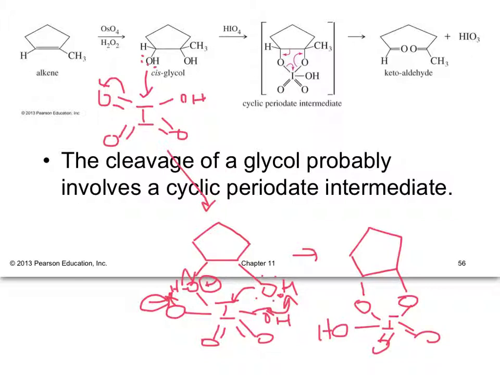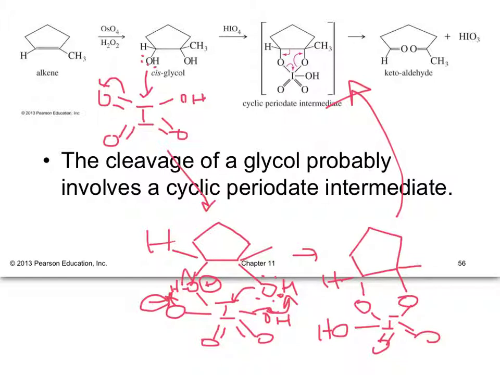So now I can draw in your substituents. Here's your methyl group, here's your hydrogen, here's your hydrogen, here's your methyl group. So this is essentially this, and this is how it's drawn much better than I could ever draw it using, at least, my finger here.